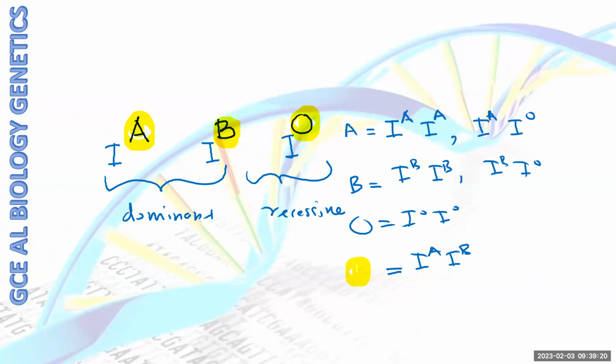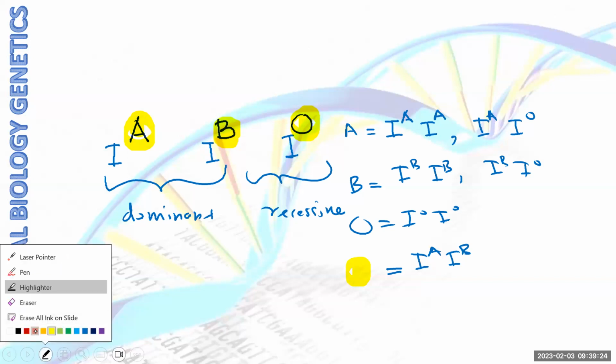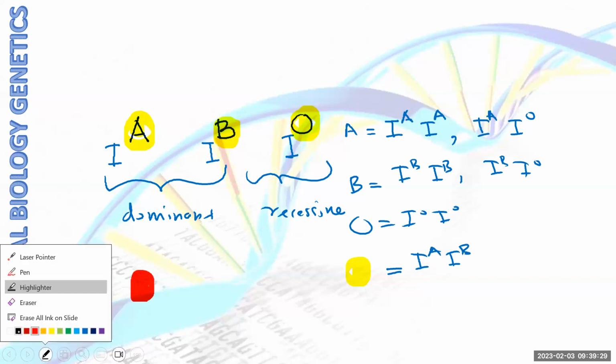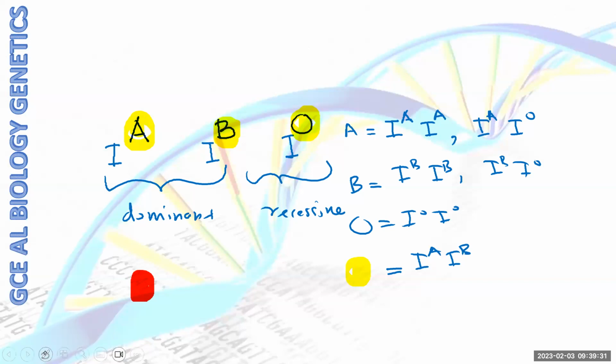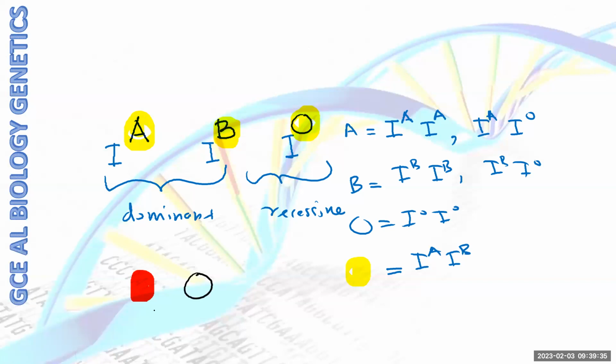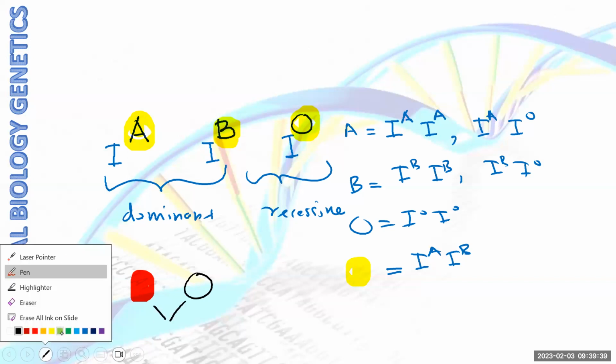Now, incomplete dominance, what we said: the flower color is red, and the other flower color is white. And if they mix, we get pink.